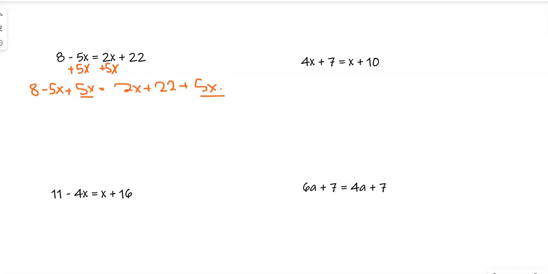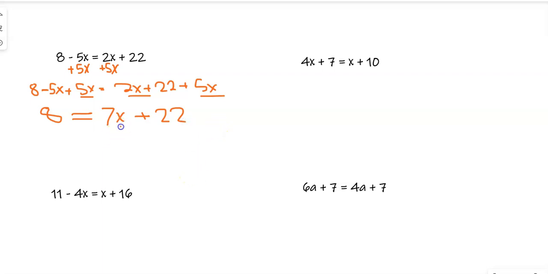Before we move on, first we're going to simplify. So we have 8, and then minus 5x plus 5x, that's 0. Then equals 2x plus 5x is 7x plus 22. Right?